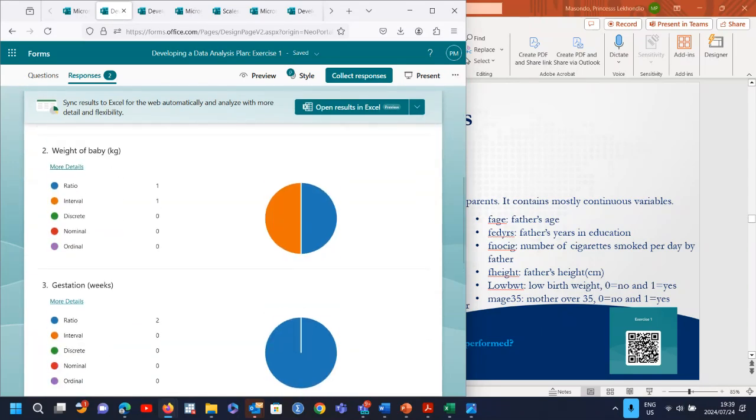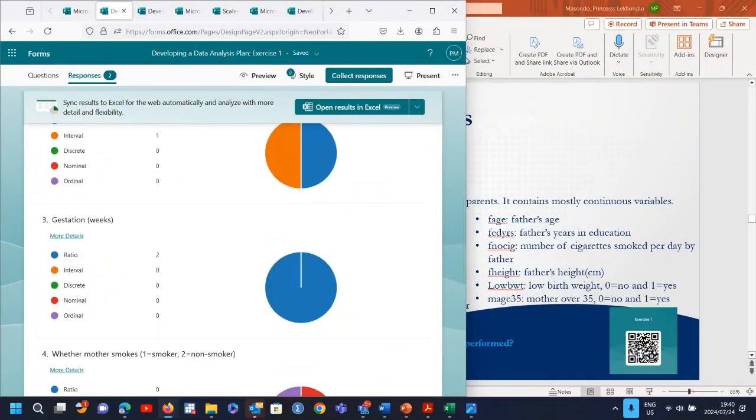The weight of the baby is the same, whereby if the weight is 0, it means it's 0. So ratio would be correct.